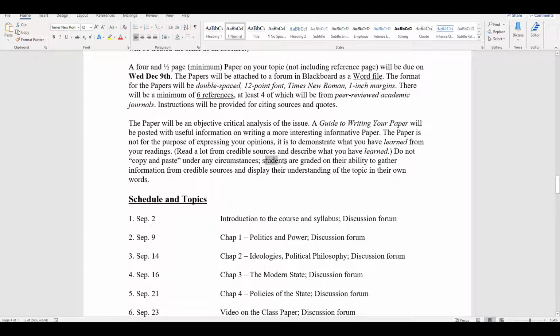So the bottom line, students are graded on their ability to gather this interesting, credible information from these academic sources, legitimate news sources, and then display their understanding of that topic in their own words. And that's when learning really starts to occur, when all that happens.